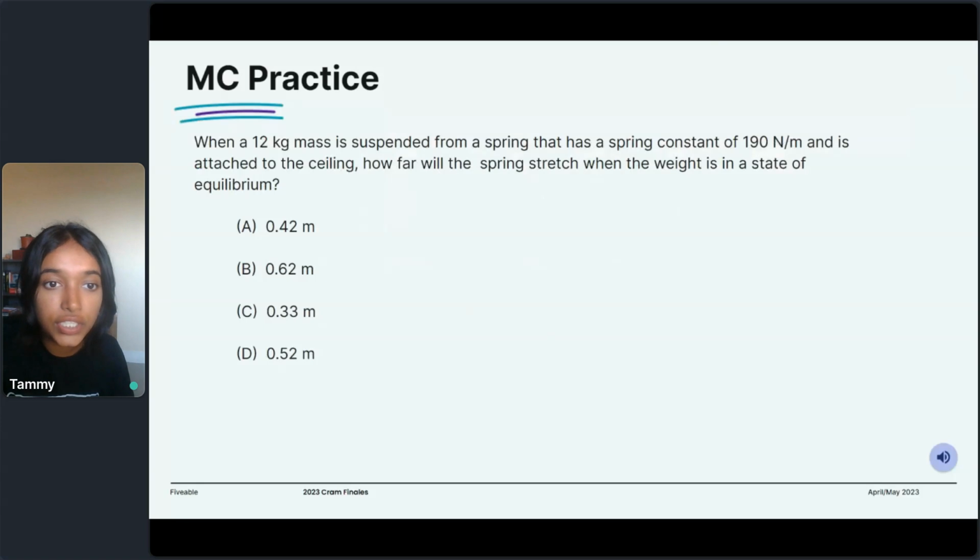So yes, this is the question. When a 12 kg mass is suspended from a spring that has a spring constant 190 newtons per meter, and is attached to the ceiling, how far will the spring stretch when the weight is in a state of equilibrium? Okay, take a minute.